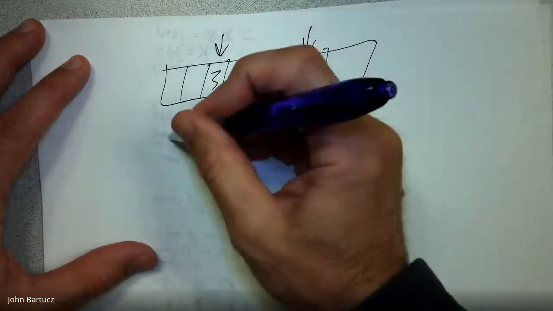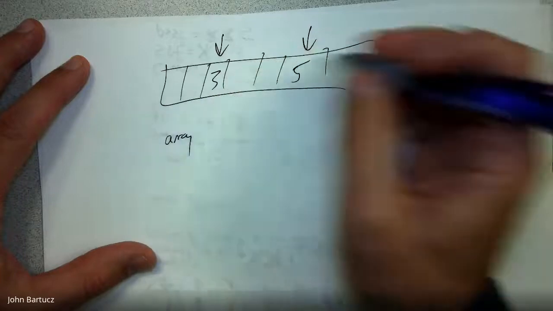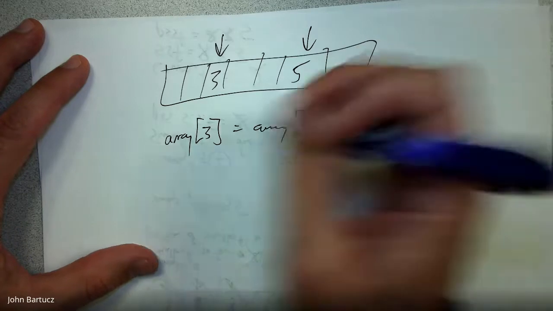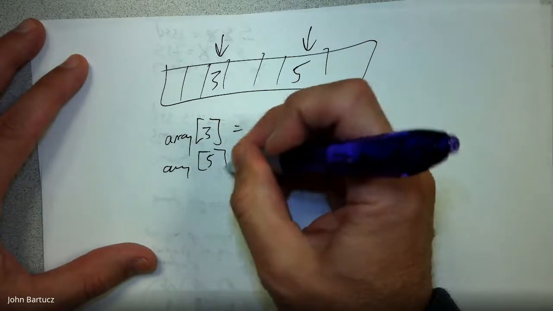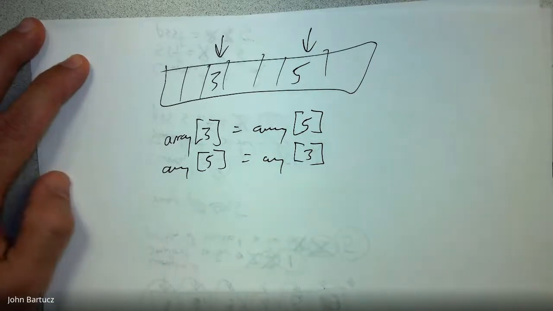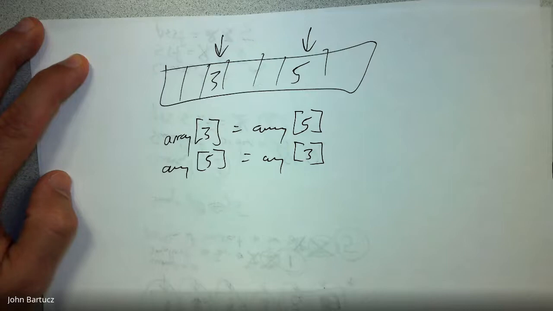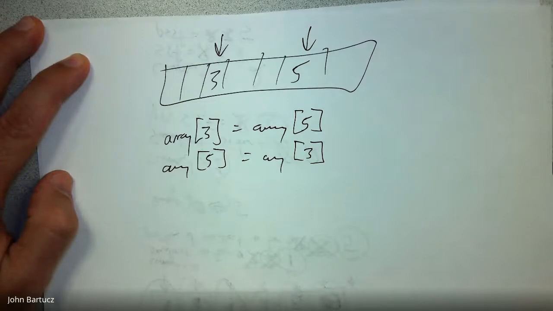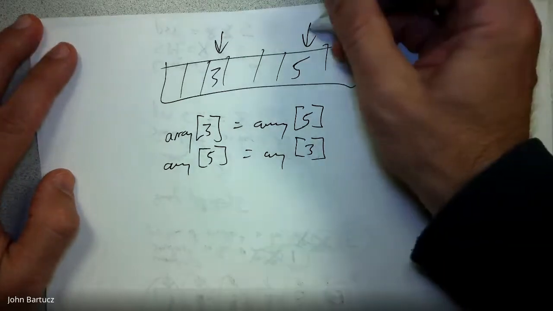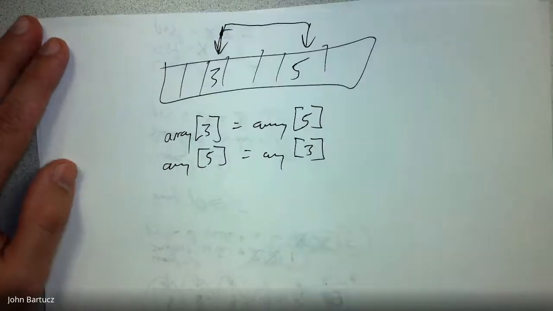If I just say, array position 3 equals array position 5, and array position 5 equals array position 3, what's going to happen? If I want to swap those two, right? They're out of order. I found the smallest one. I want to put it in here. I want to swap these two. What's wrong with this logic right here?